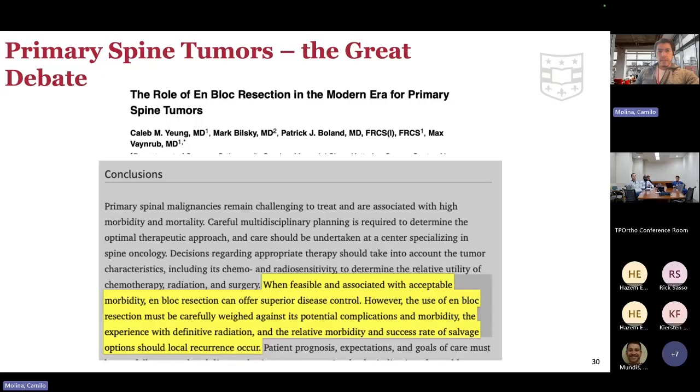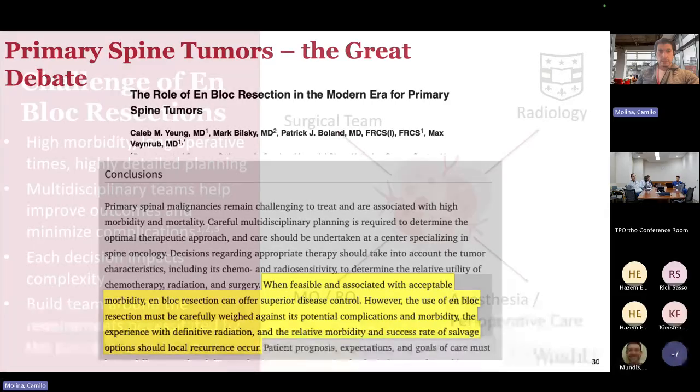And we don't really have a great way to define that, because it's not black or white, where if you train to do en-blocs, you do en-blocs, and if you train to do separation and radiation, you do that. It shouldn't be like that. We should have a more nuanced and objective way of studying this to determine whether a surgery truly has a feasible and acceptable morbidity to be offered an en-bloc resection. And if the answer to that is no, they should be offered a separation surgery with radiation.